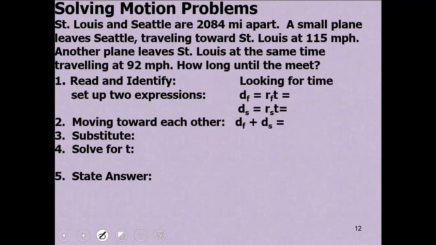All right. Why don't you try this one? Hit pause. I haven't done the whole thing. Try this one, see if you can get it and come back. Welcome back. St. Louis and Seattle are 2,084 miles apart. You're going to use this number. A small plane leaves Seattle, traveling toward St. Louis at 115 miles per hour.